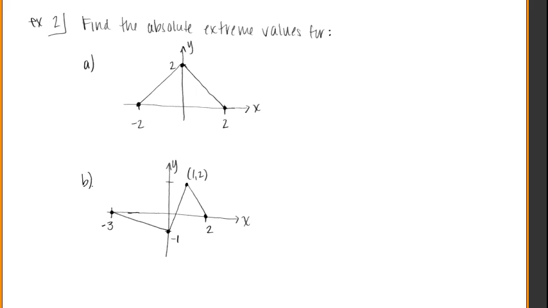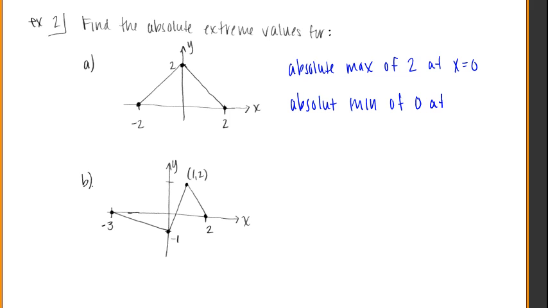We want to find the absolute extrema values for, okay, well, we have the absolute max of 2 at x equals 0, and we have an absolute min, we've got 2 of them, of 0 at x equals both plus and minus 2.